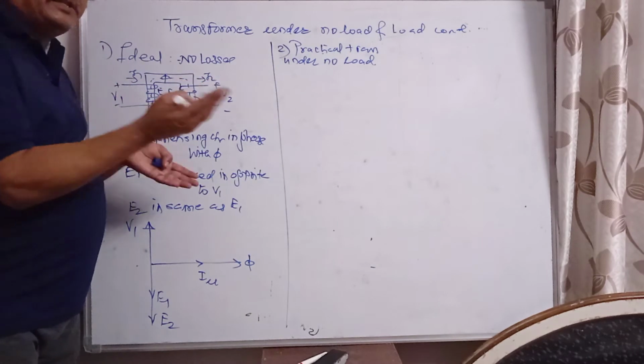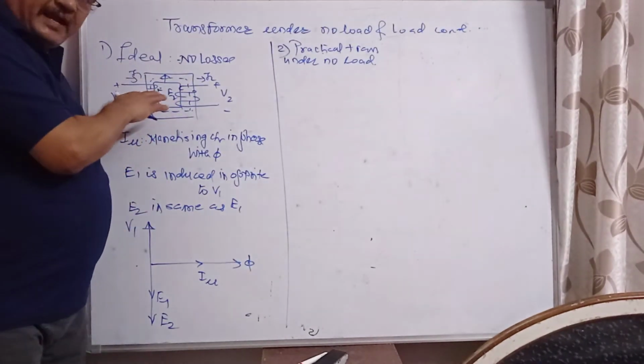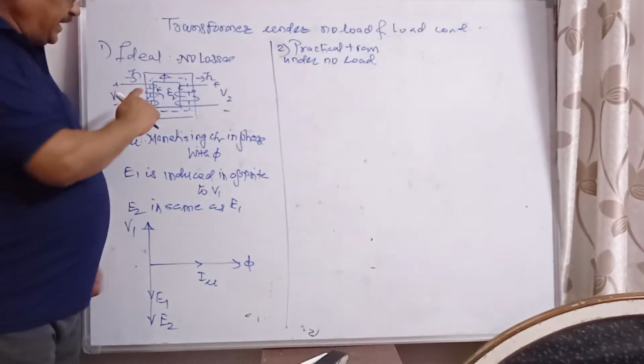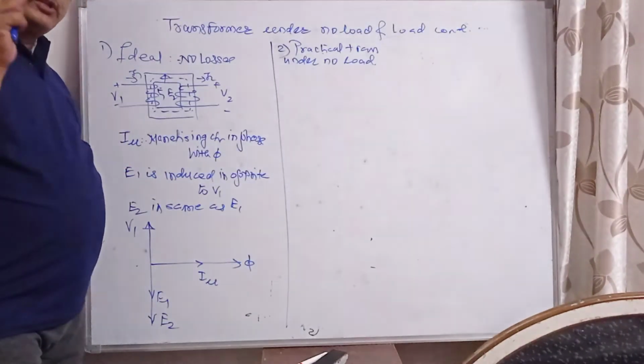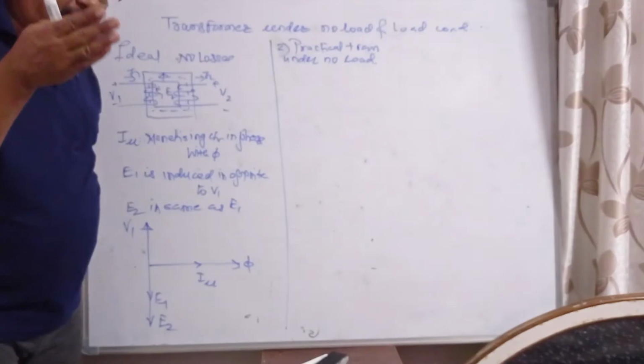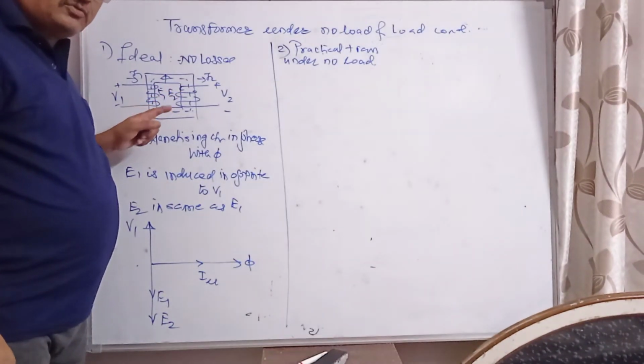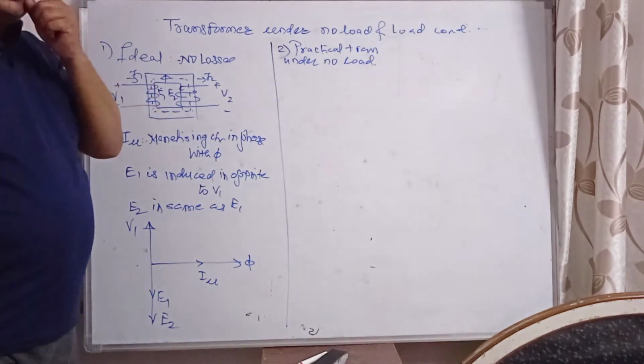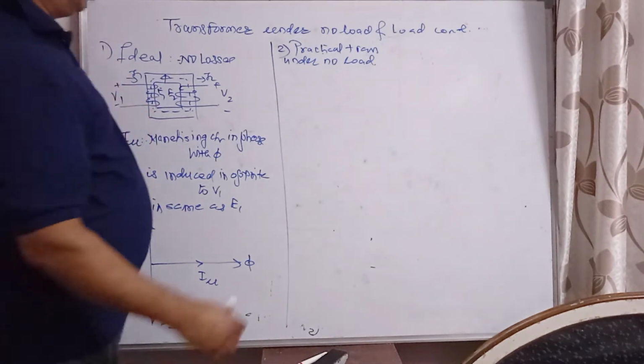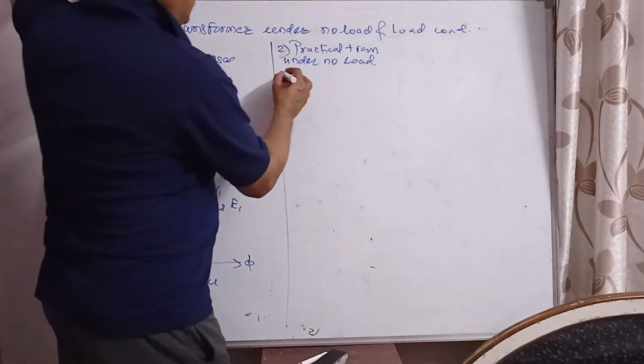The winding has some resistance. Since here it is ideal, so resistance is 0, there are no losses. But practically winding has some resistance, so some loss takes place in that winding. I square R. Current is flowing through the winding and winding has some resistance, so that loss I square R is known as copper loss.